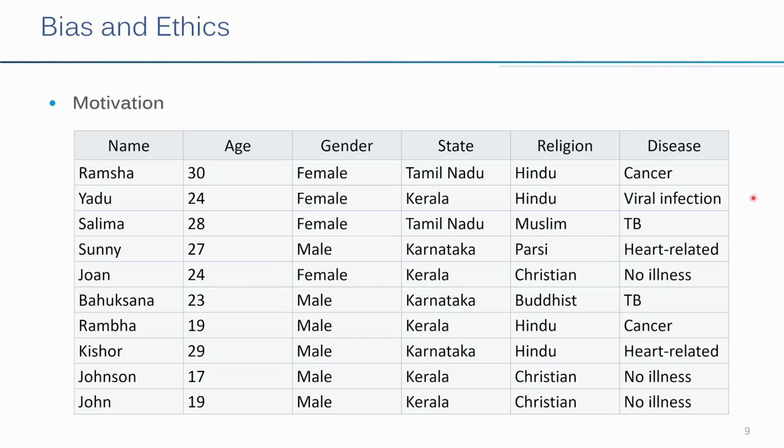Taking a look at this, we can see that certain states, ages or religions are associated with some sort of disease. So one might think, okay, every time I have a Christian here, I have no illness, so I'm going to give a cheaper plan to the person that's Christian.